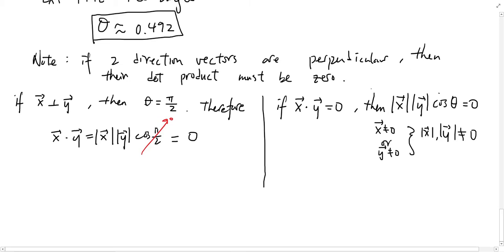Because as long as either one of these or both are not 0, the length would not be 0.